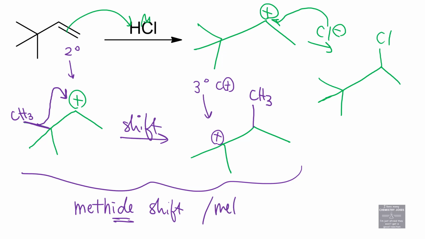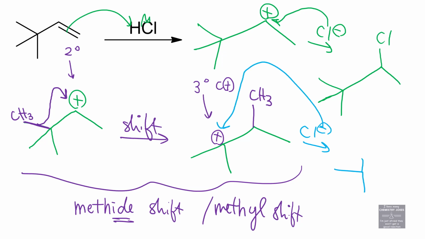I have bad habits, and I often will call it a simple methyl shift, but it's officially a methide shift. Methyl shift, methide shift, it's the same thing. The reason it's often called ide is because it's moving with its electrons, and students need to keep track of those electrons.